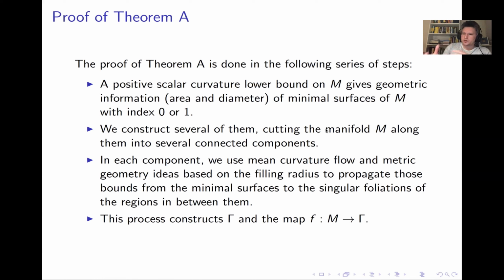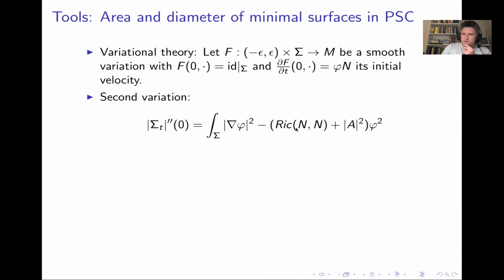When we do that calculation, we get this integral expression: the integral of the surface gradient of phi squared, minus the Ricci curvature in the normal direction n, plus A squared, times phi squared, where A here is the second fundamental form.